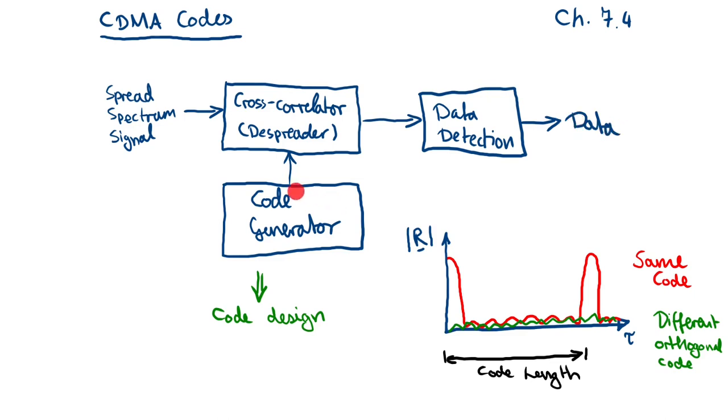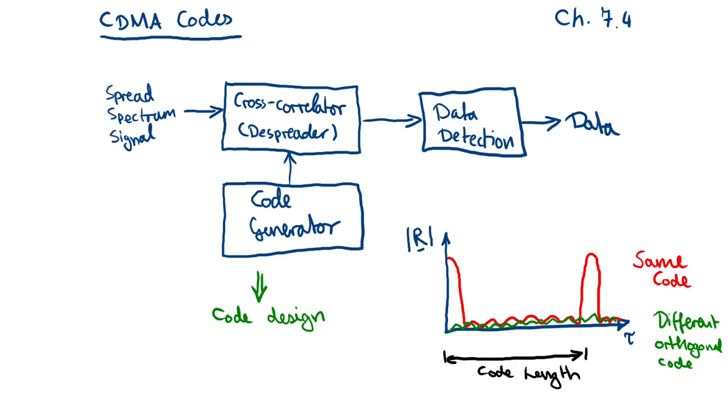But you need to know the code used for spreading. So you need to generate the same code which the user used to spread its signal. And if you select the right code, then you get a good cross-correlation pattern here.